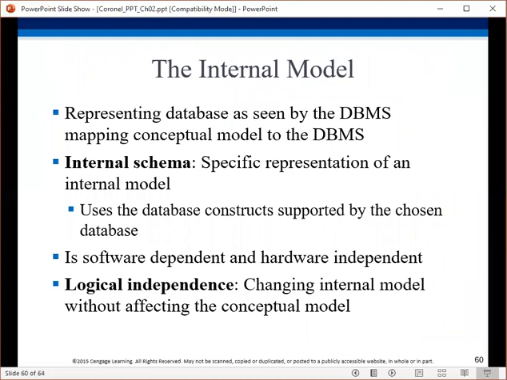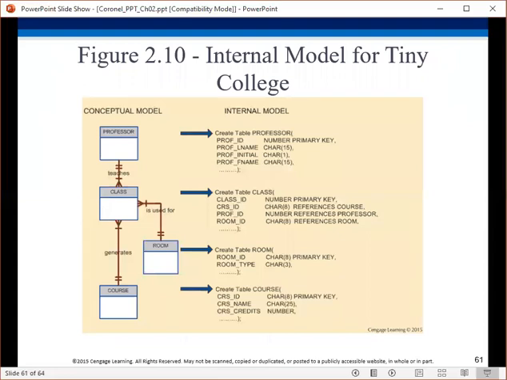The internal model is the database as seen by the database management system, and it uses the database constructs supported by the chosen database. So for example, relational databases use table constructs. And so here we take the conceptual model that we can talk to users with fairly easily, and we create our internal model, where we start doing things like defining domains and constraints.